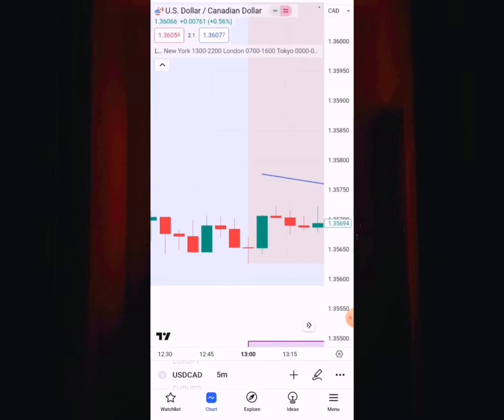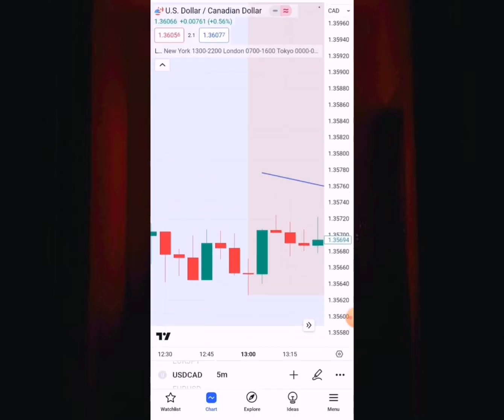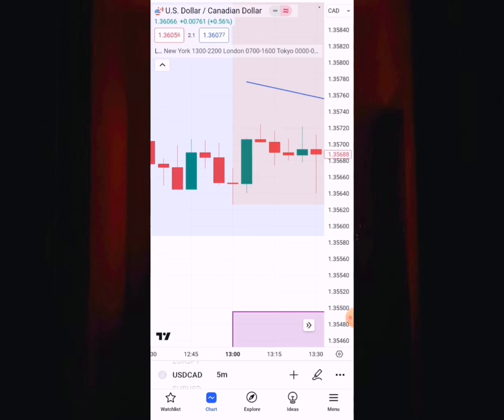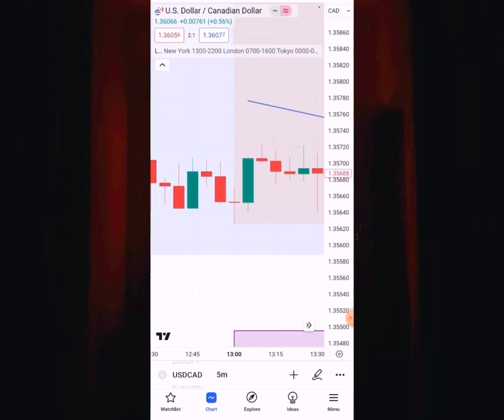Okay, let's come here. So right here, what you are supposed to do is consider the three candles. Okay, this is the first one, this is the second one, which is the indecision, and this is the third one.